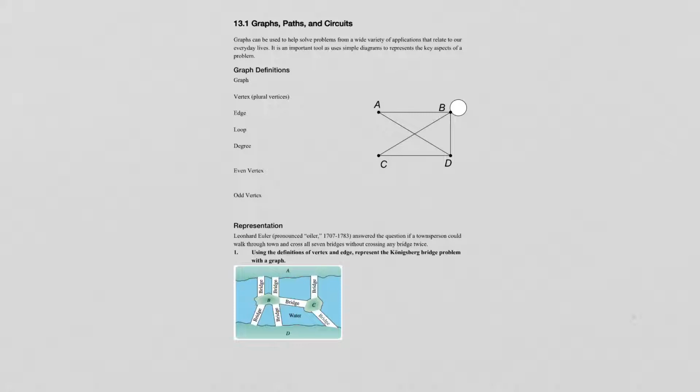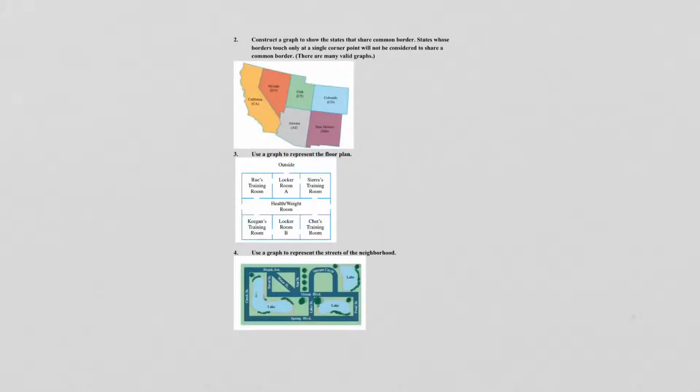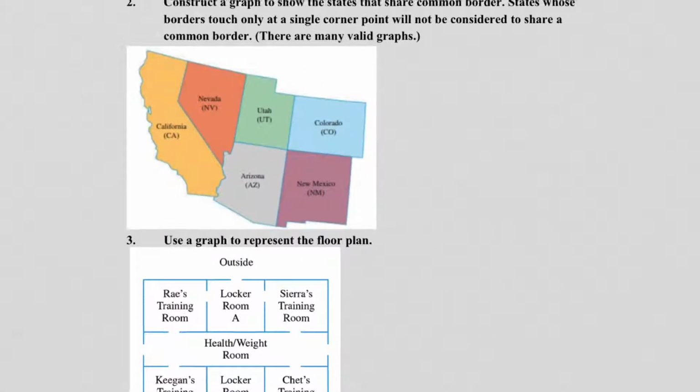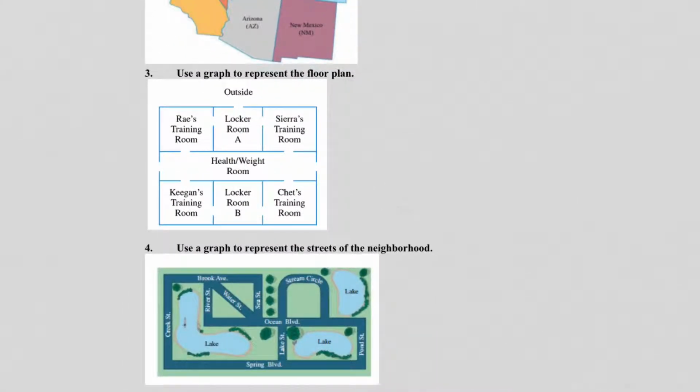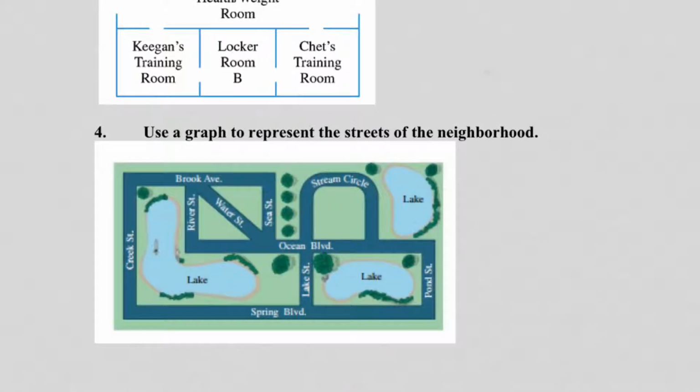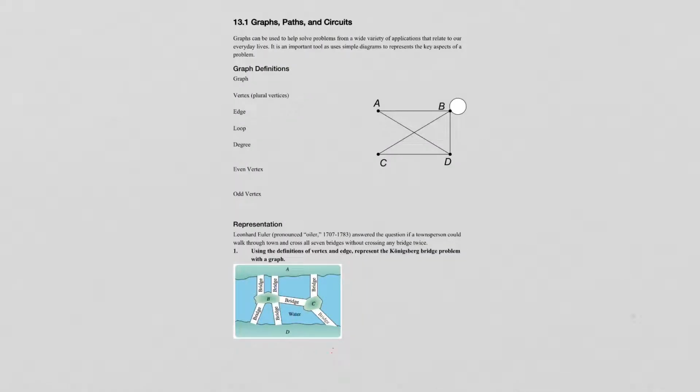And then we went and tried to represent this town. We did the west coast over here. We did this layout of a building, athletic building, and so now I ask you to do this one here.